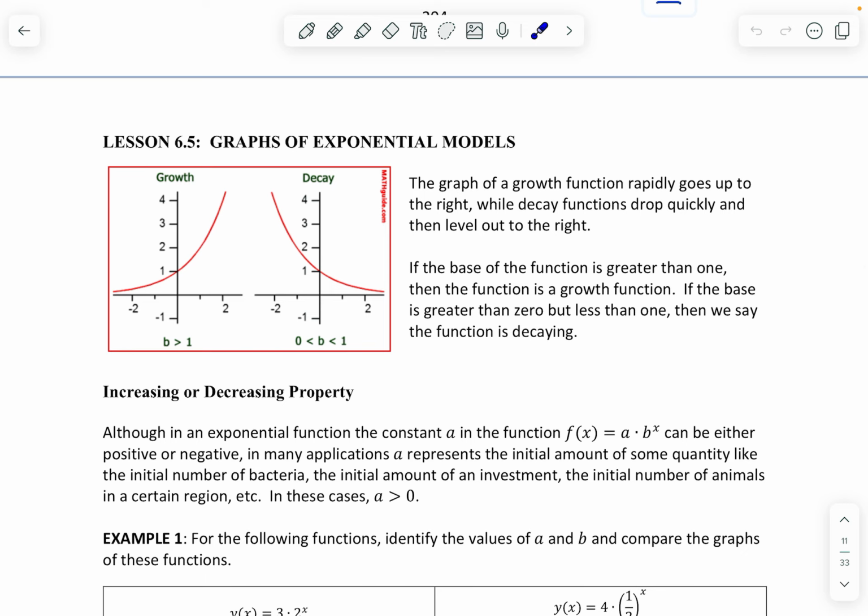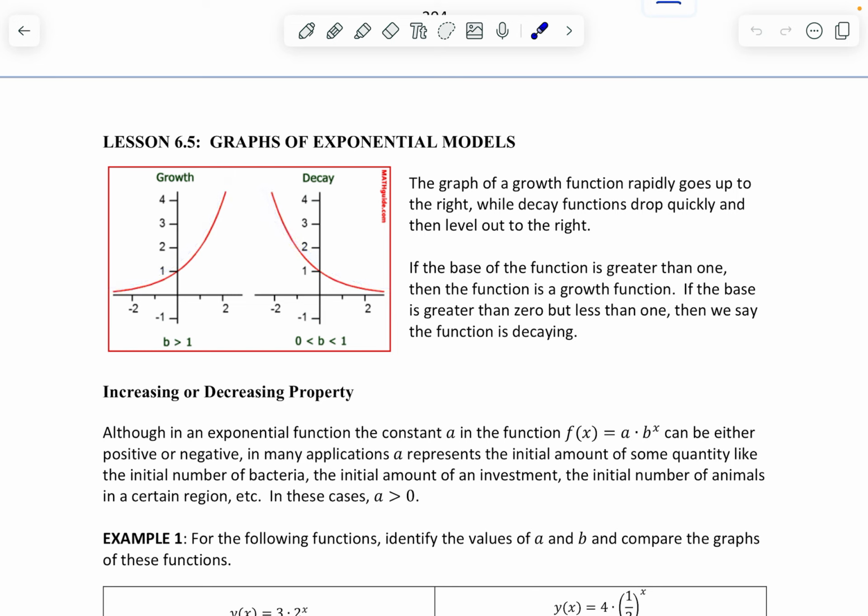6.5, talking about graphs of exponential models. As we know, and we talked about last class, we can either have growth or we can have decay. And every single time your horizontal asymptote that we're going to see is 0. Right? We're never going to cross that. We're either growing or we're decaying.